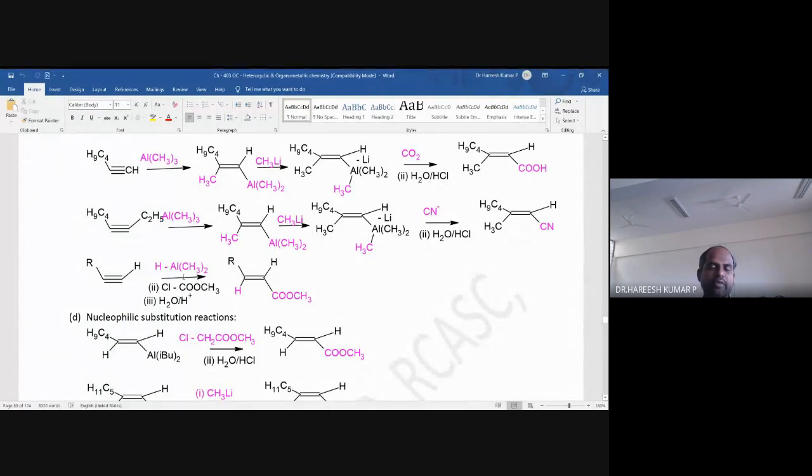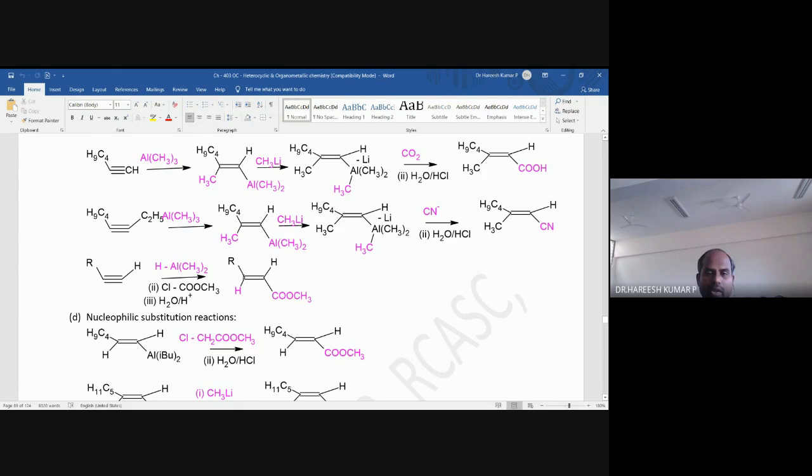Initially there will be a hydroalumination. Then afterwards what will it do? The obtained carbon-aluminum bond will act as a nucleophile when it is treated with methyl lithium, and there will be a new bond formation between this carbon and this carbonyl carbon.